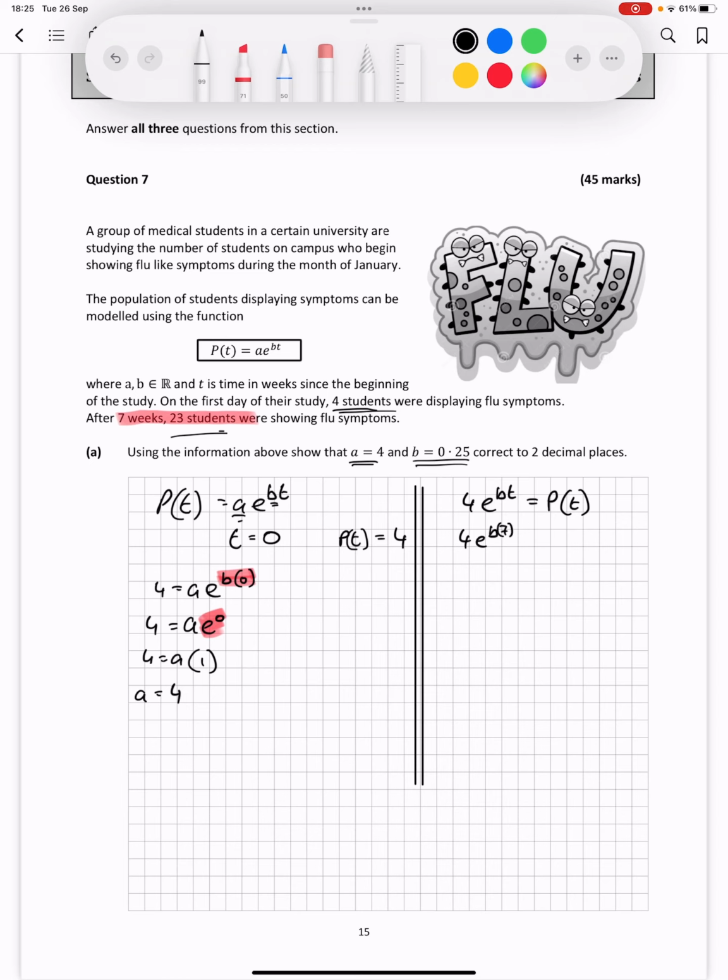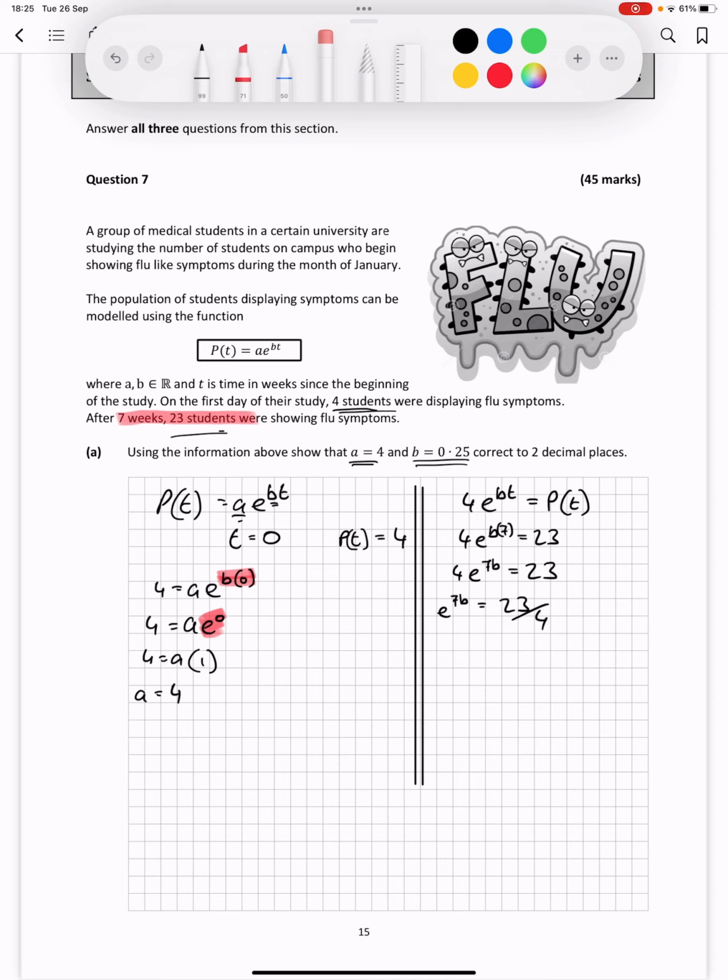So fill in 7 here, which is equal to 23. So 4 e to the power of 7b is equal to 23. Bring the 4 across first, so e to the power of 7b is equal to 23 divided by 4.